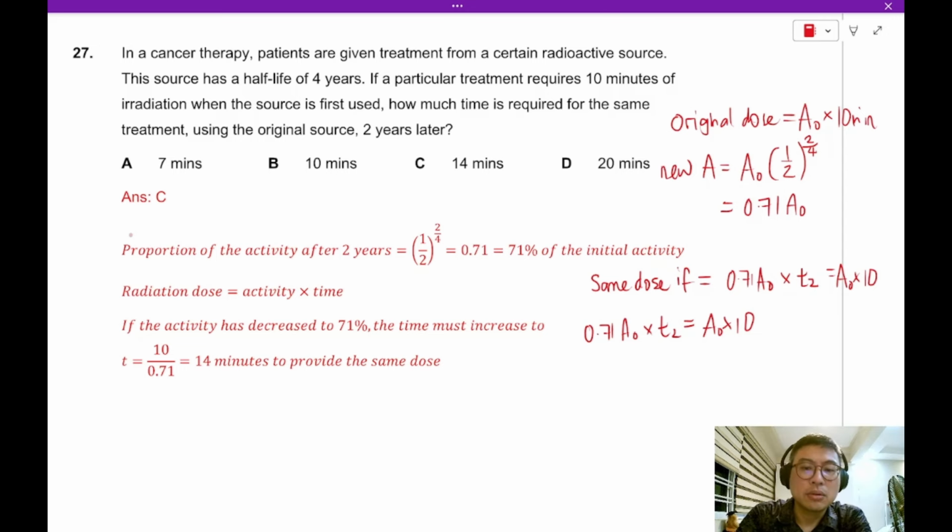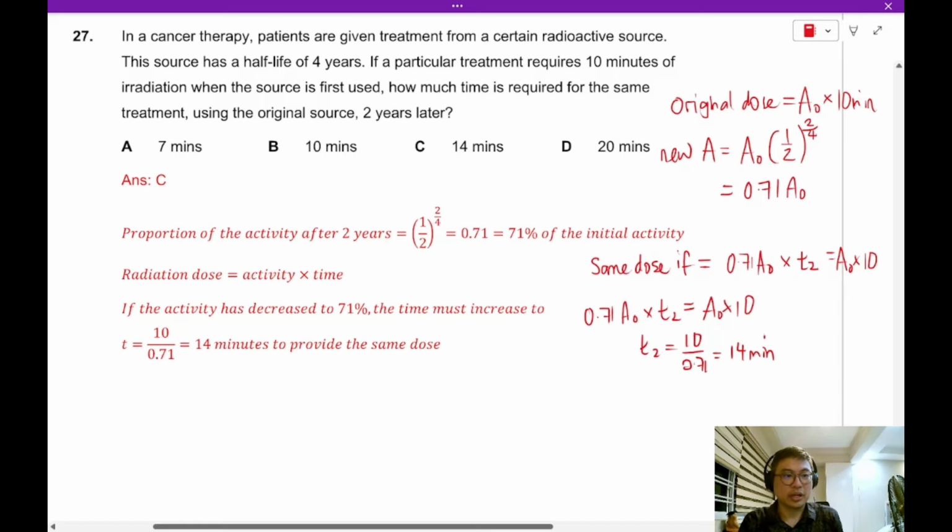Okay, so we can see now that T2 equals 10 divided by 0.71, which is 14 minutes. Because the medicine has gone down to 71% of its original activity, you've got to extend the dosage time to get the same dose. Right, so this is how this question will work.